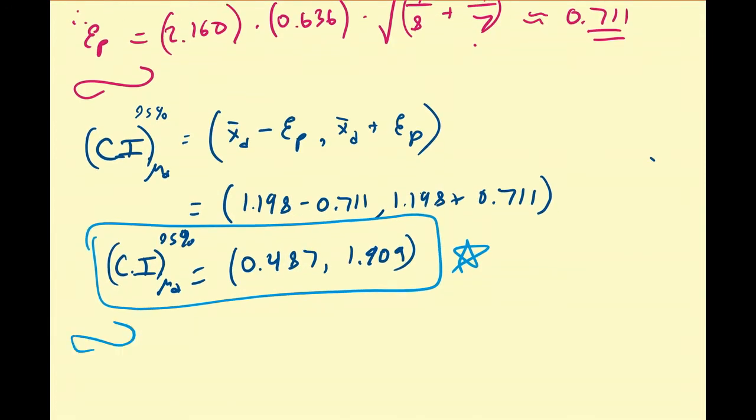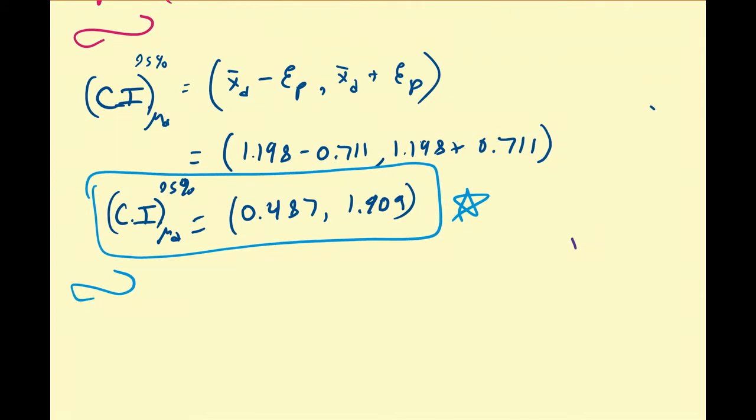All right, so once we have this, then we can start working on our hypothesis test, right? So our null hypothesis was that mu d was equal to 0. Notice that 0 does not lie within our confidence interval. It actually lies a little bit to the left, right?